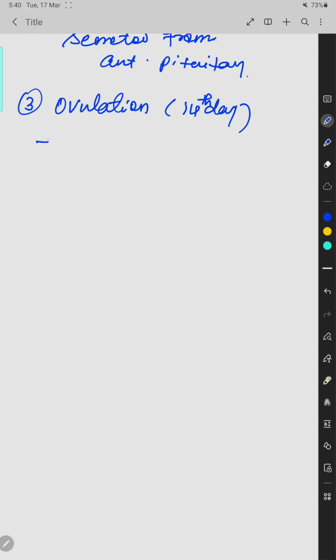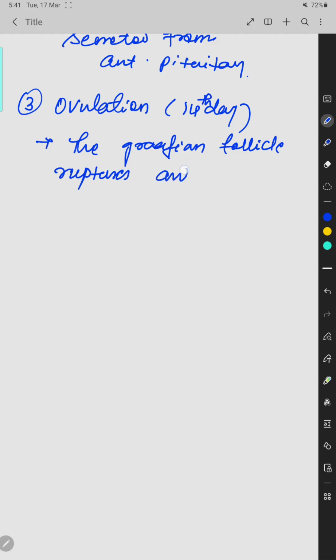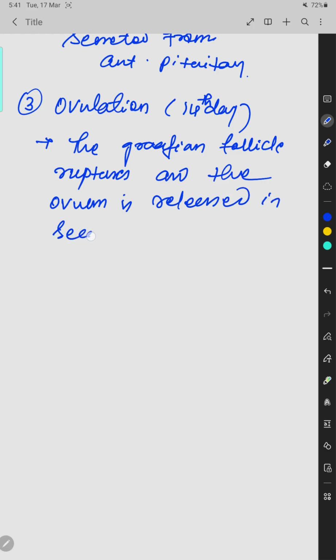Here what happens is the Graafian follicle ruptures and the ovum is released in the secondary oocyte stage. ये याद रखो बच्चों, secondary oocyte stage.